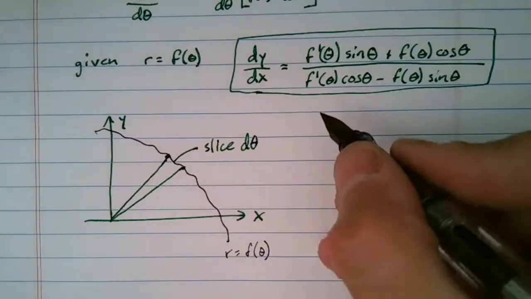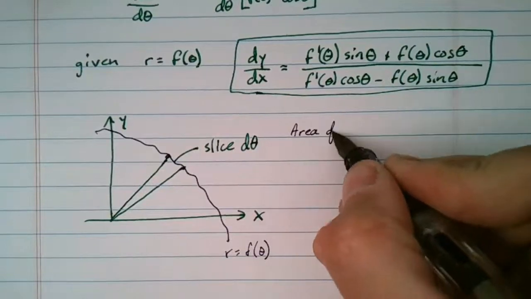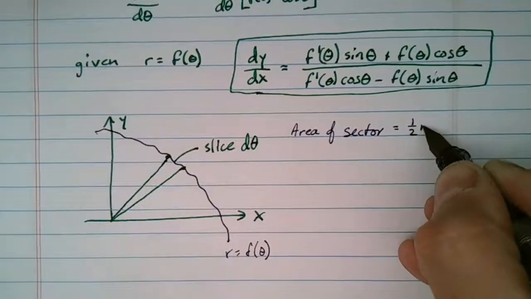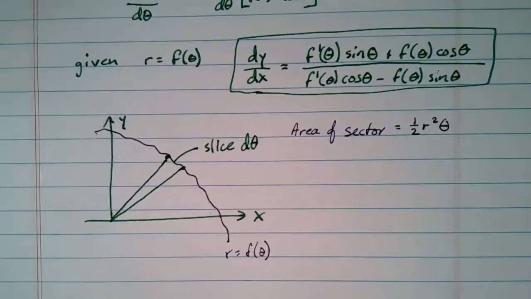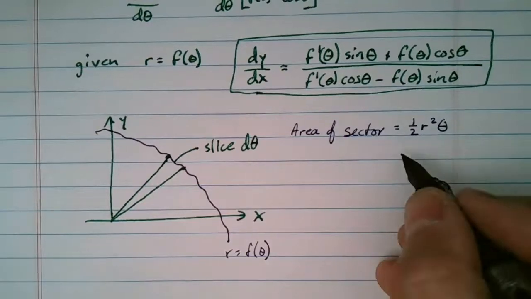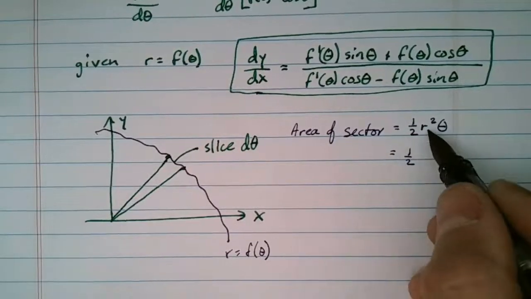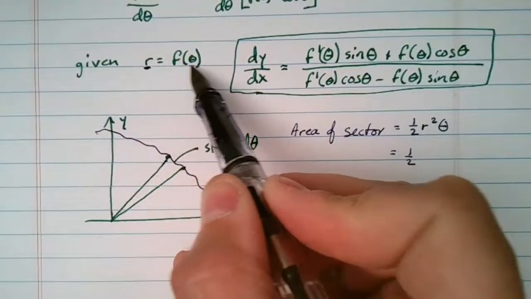And I'll remind you from pre-calculus, the area of a sector is 1/2 r squared theta. Now that's from pre-calculus. Now if we put this in calculus notation, this will become 1/2. And remember, our function will be defined as r, which is f of theta.